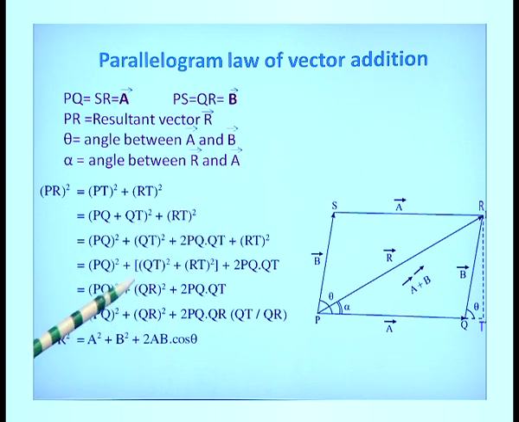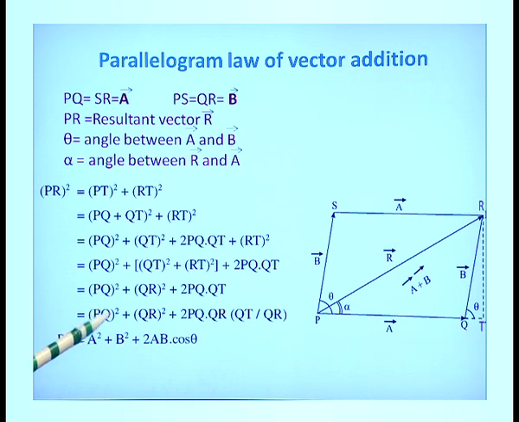Now, this can be simplified as PQ square plus QT square plus RT square plus 2PQ into QT. We have brought this RT square to here. Now, this is equal to PQ square plus QR square, since QT square plus RT square equals QR square, plus 2PQ dot QT.